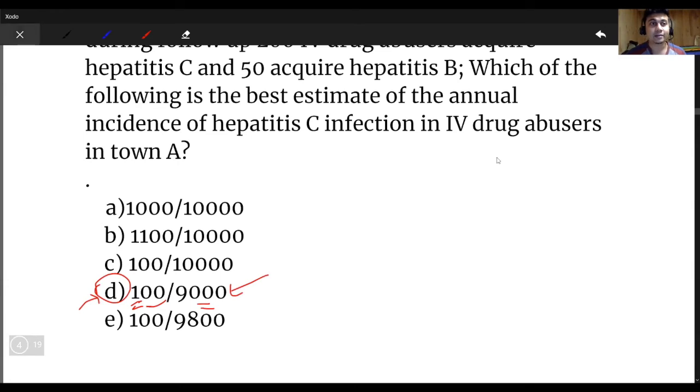But they are saying that those 200 people got the disease over 2 years, but they are asking what is the incidence over 1 year. Maybe 100 people got the disease in 1 year, 100 in the next year. Who knows? Now, the best option out of all five is D, you need to pick D.